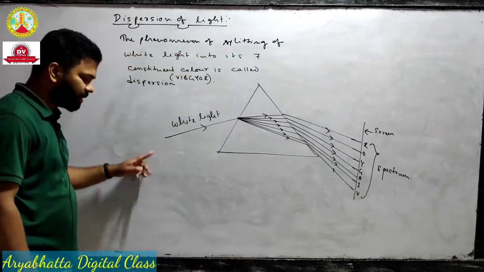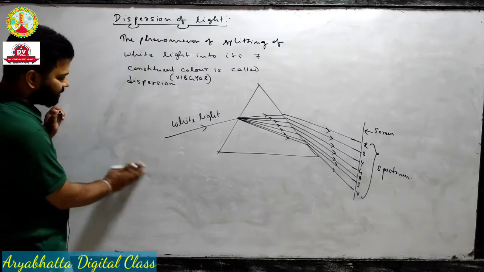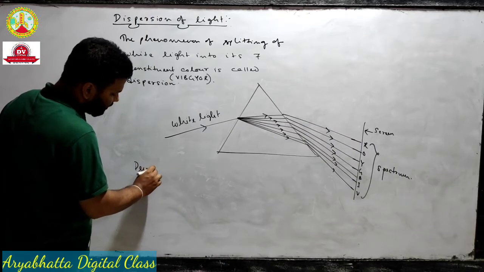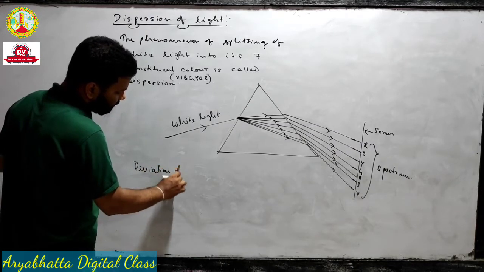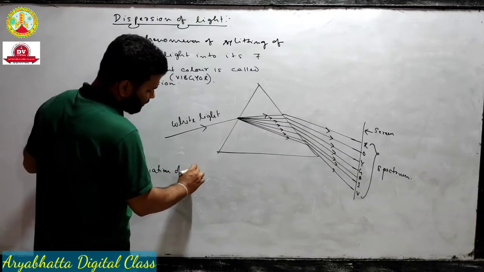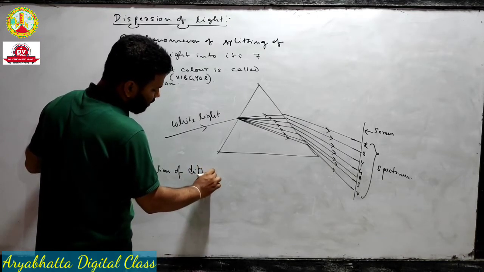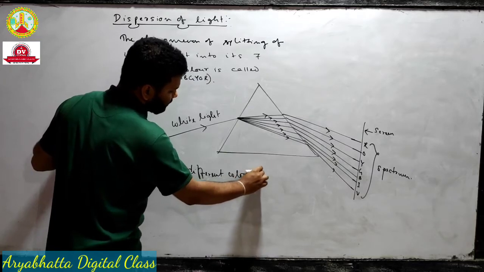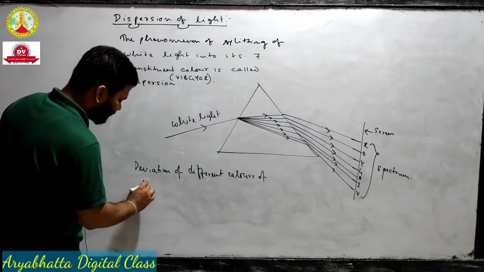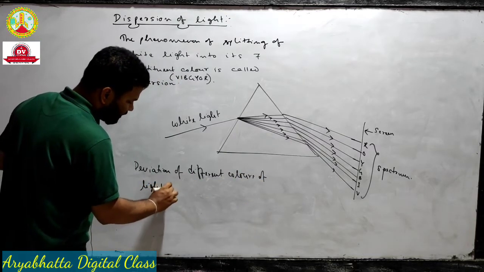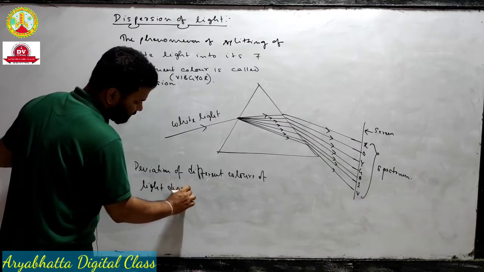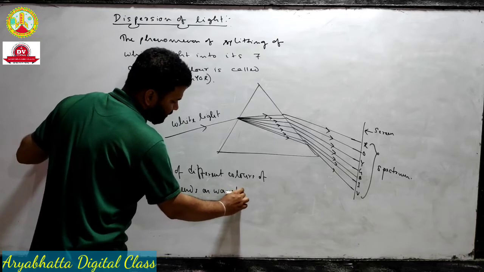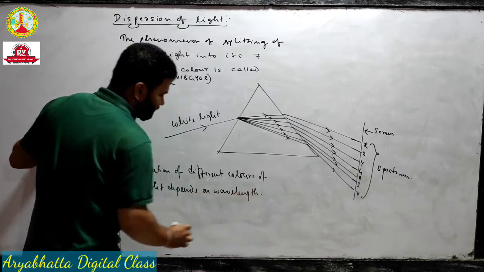So you write here one more thing, that the deviation of the 7 different colors of light depends on wavelength.